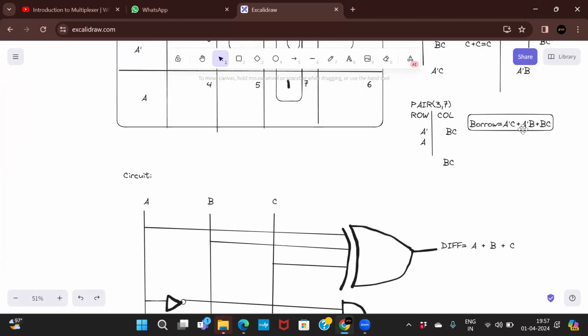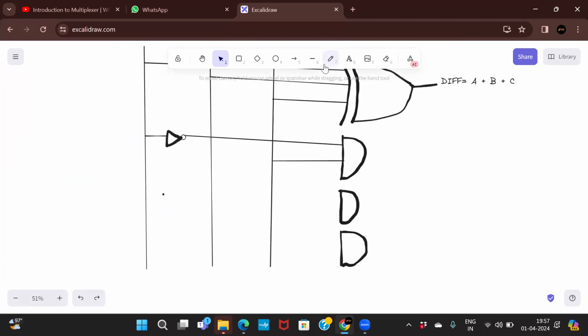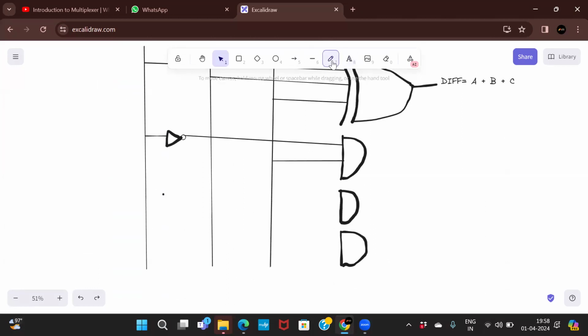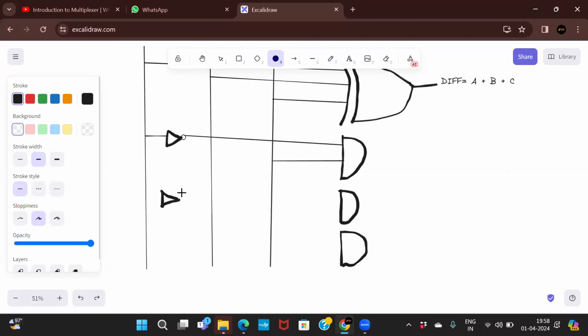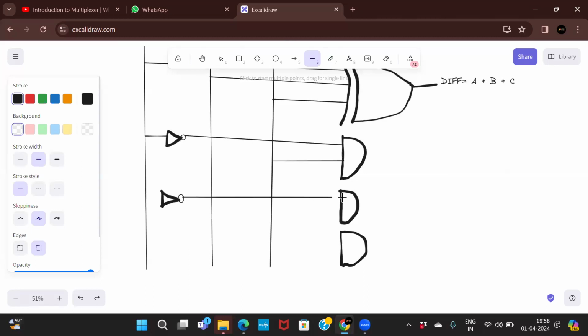And the next expression is A bar B. Simply I'll take another NOT gate. So this is A bar.